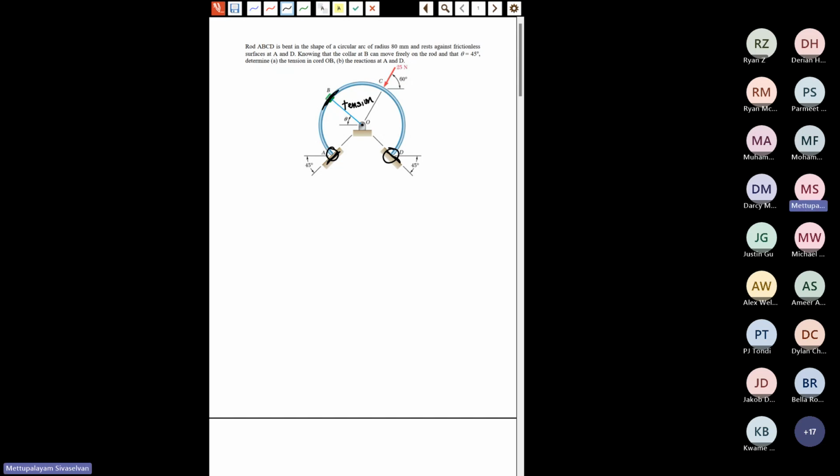So what are we drawing the free body diagram of? Drawing the free body diagram, cut this rod out of everything else. And we're going to draw its free body diagram.